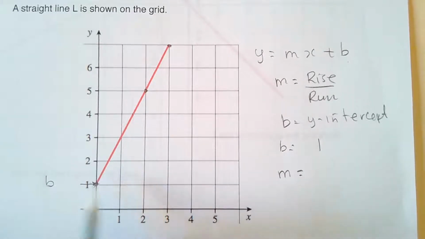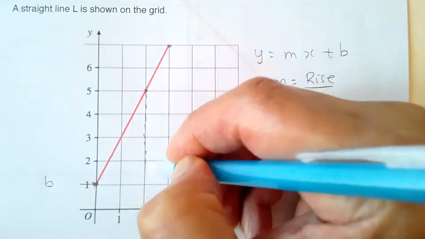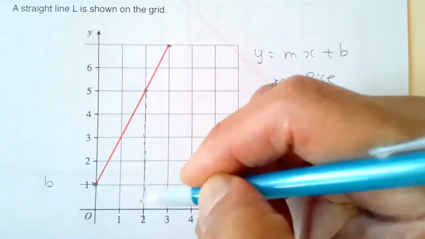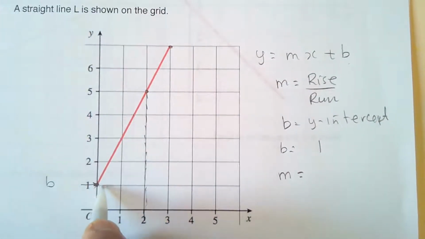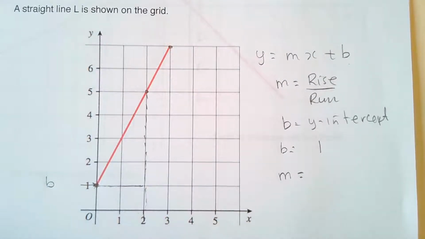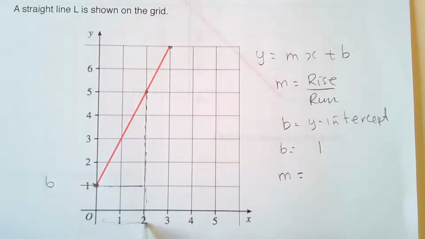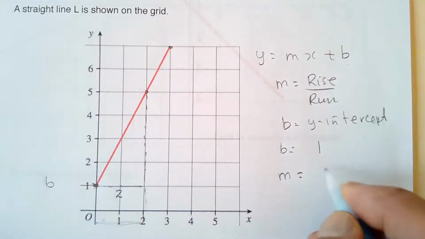Then I'll construct a vertical line, so this is 2 here. Then I'll do a horizontal line starting from my y-intercept. Then I count, making sure I look at my scale here. So this is 1 and 2. So my run is 2.